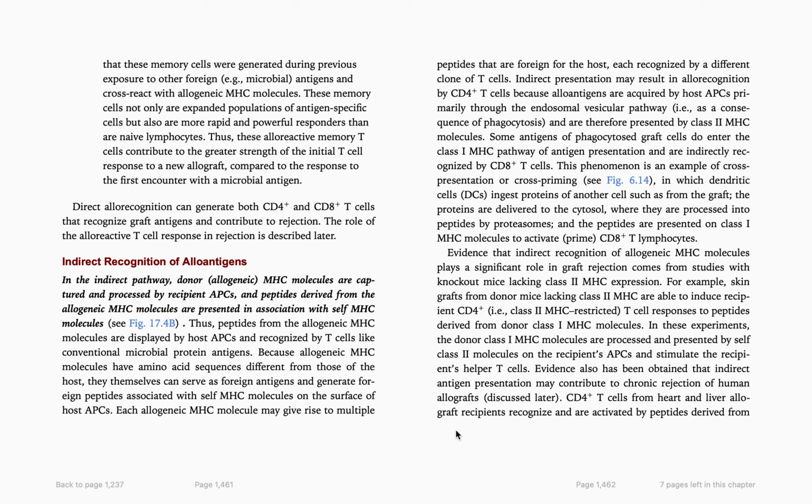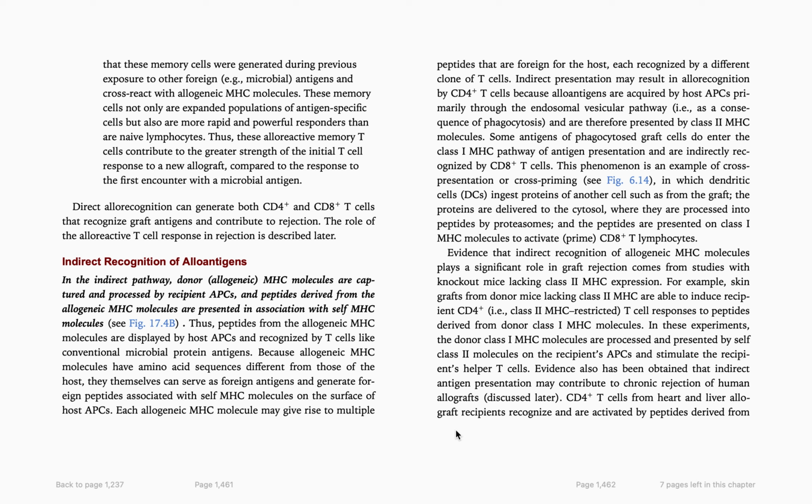Indirect recognition of alloantigens. In the indirect pathway, donor allogenic MHC molecules are captured and processed by recipient antigen-presenting cells, and peptides derived from the allogenic MHC molecules are presented in association with self-MHC molecules. Thus, the peptides from allogenic MHC molecules are displayed by host antigen-presenting cells and recognized by T cells like conventional microbial protein antigen.